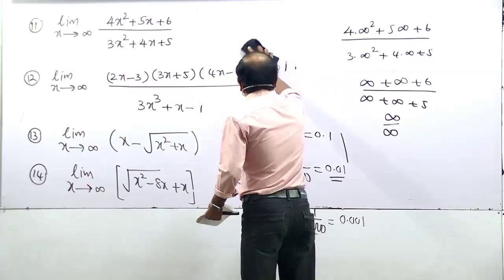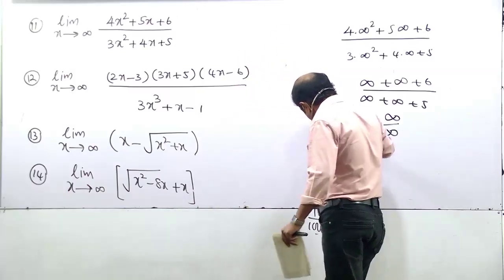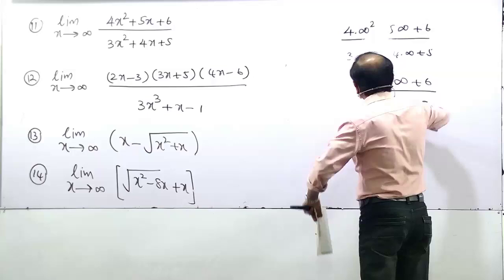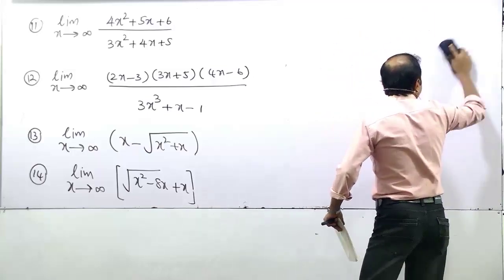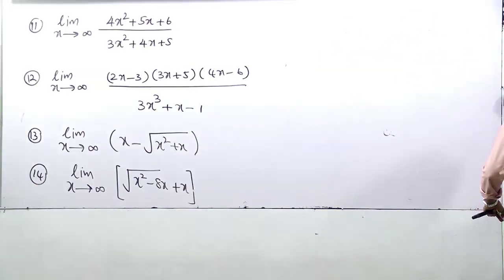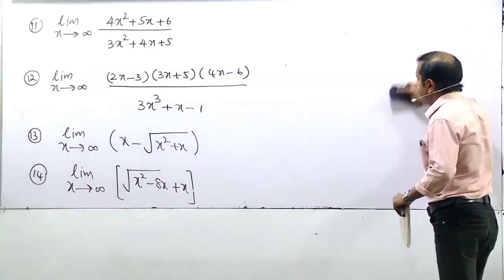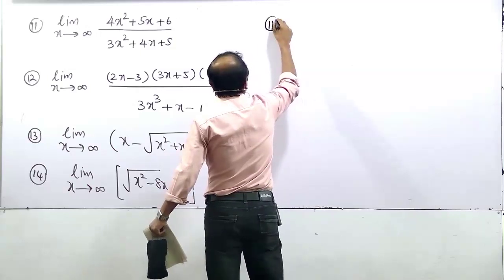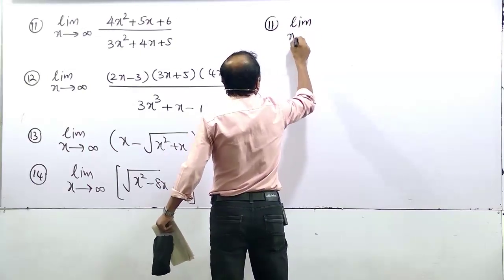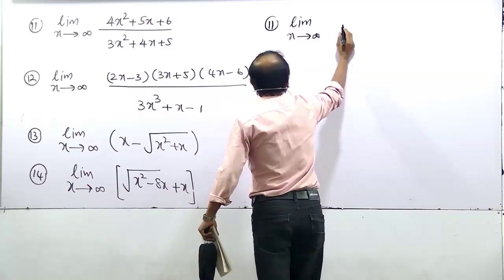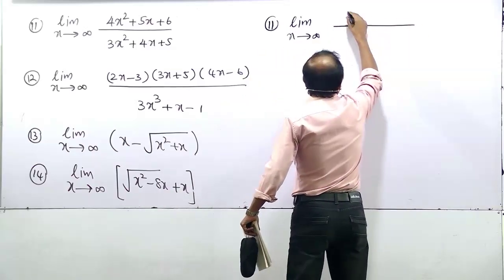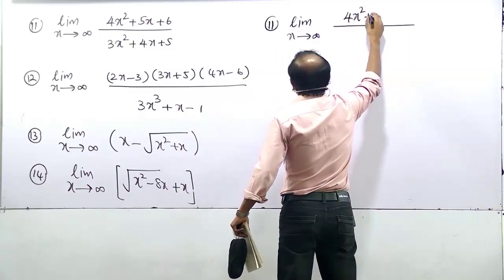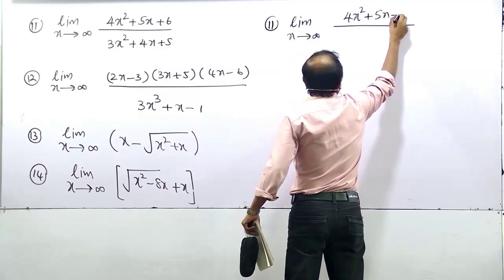Now I will take the first one, number 11. 4x squared plus 5x plus 6.